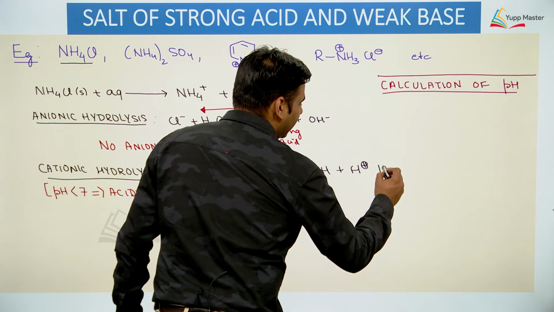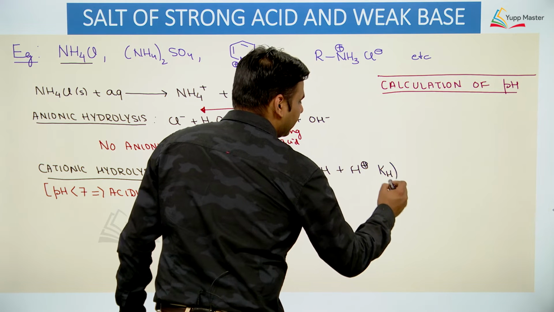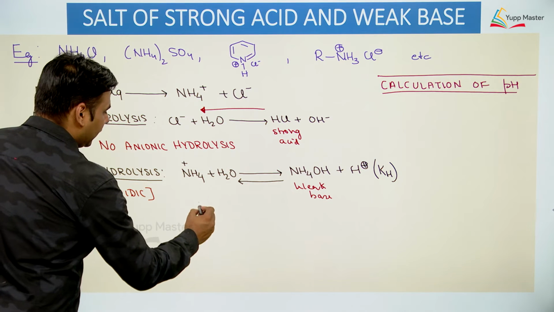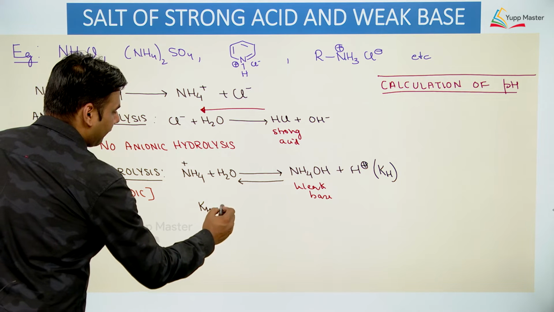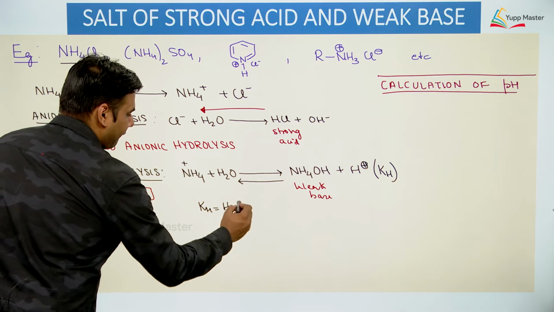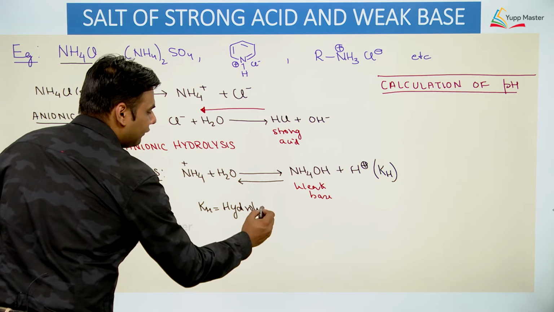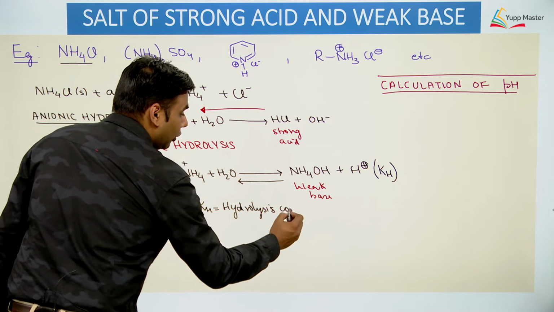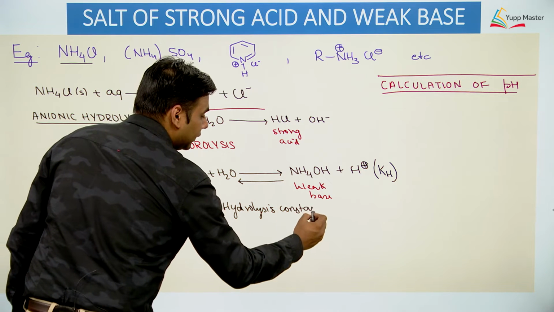So we will have KH over here, right? Now this is called the hydrolysis constant. Now the greater the value of the hydrolysis constant, the more the hydrolysis.